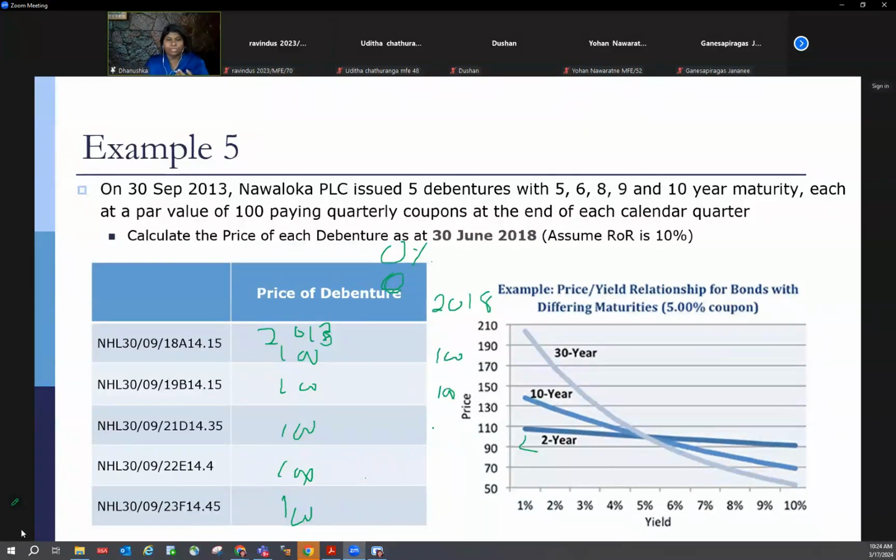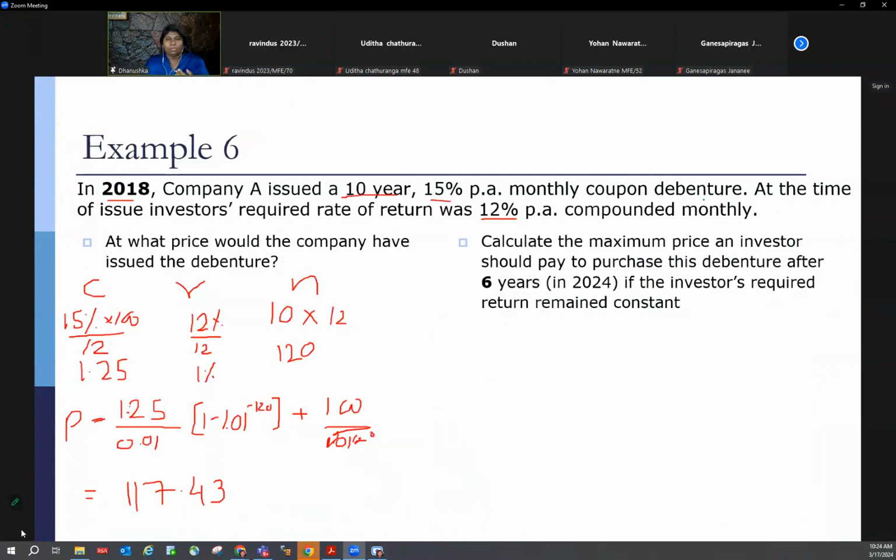But that is a special case. That is because your coupon rate and required rate of return were the same. But here, your required rate of return remains constant at 12%, but coupon rate and required rate of return are not the same. Coupon rate in this case is higher than your required rate of return. So actually there will be a difference. Just give me 1 second, please.